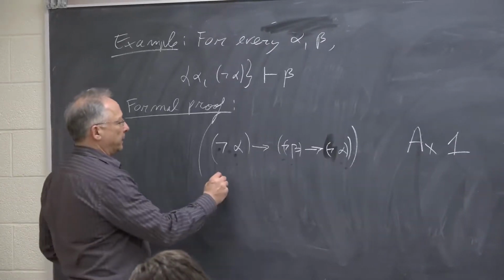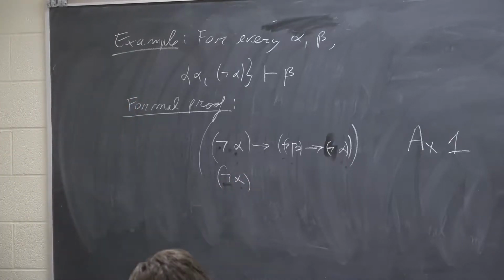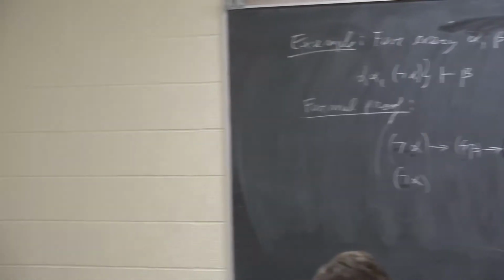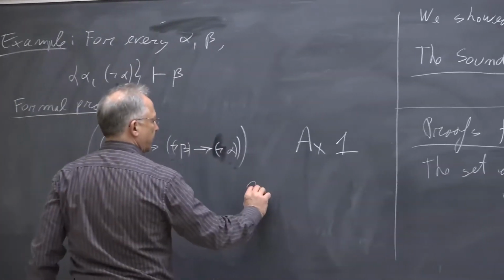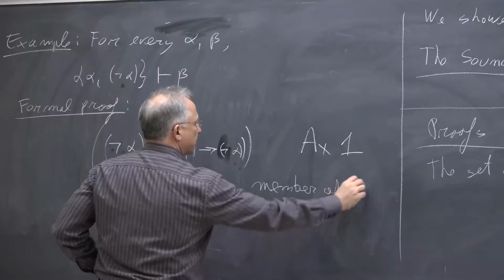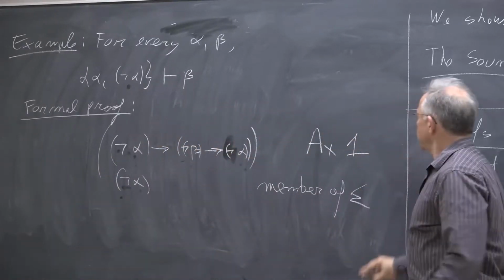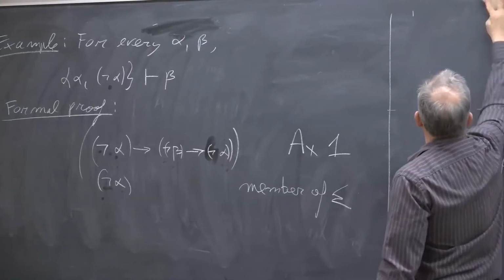Now I will write here not alpha. Why am I allowed to have not alpha as the next line in my formal proof? Yes? Member of sigma? Right. It is a member of sigma. Now you should already be able to guess what will come next.